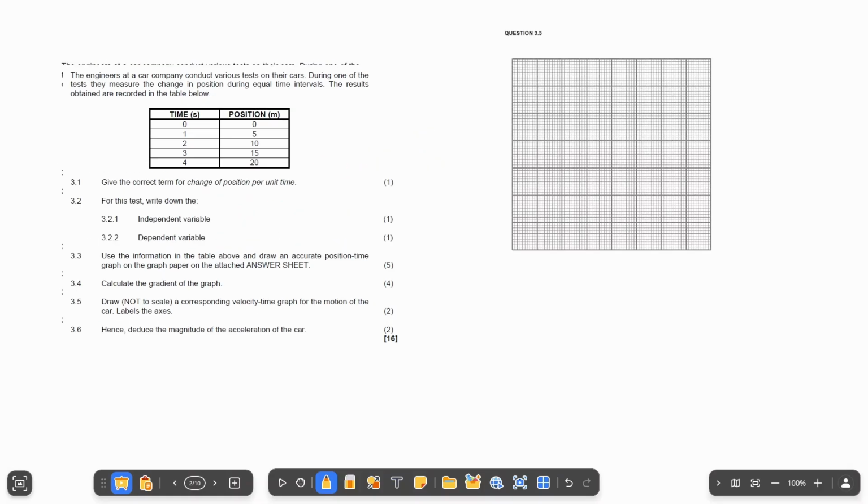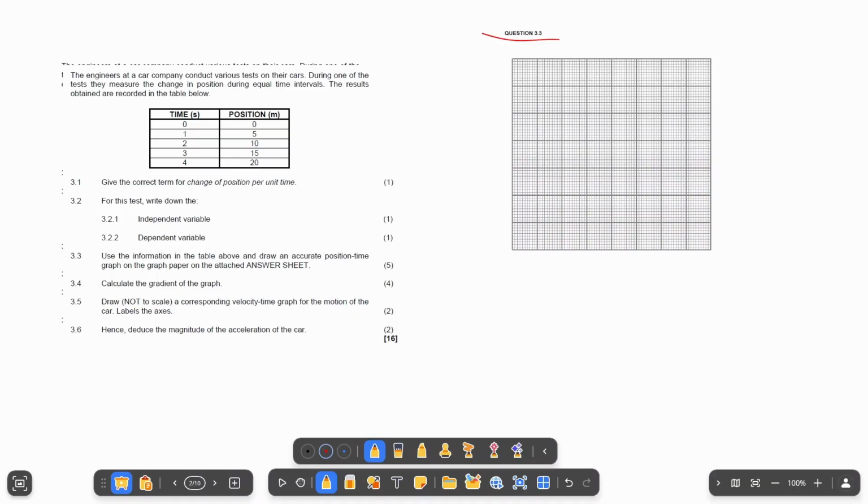With the graph paper, you must label everything: the title, the axes, and the numbers in your scaling also. And your graph must always fill at least half of the graph paper. Make sure the scale that you choose makes the graph cover almost half of the paper. You see, this graph paper was meant specifically to answer question 3.3.